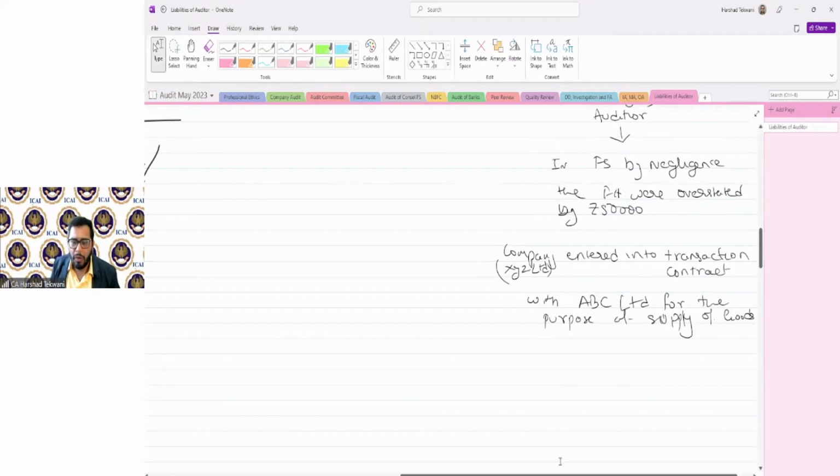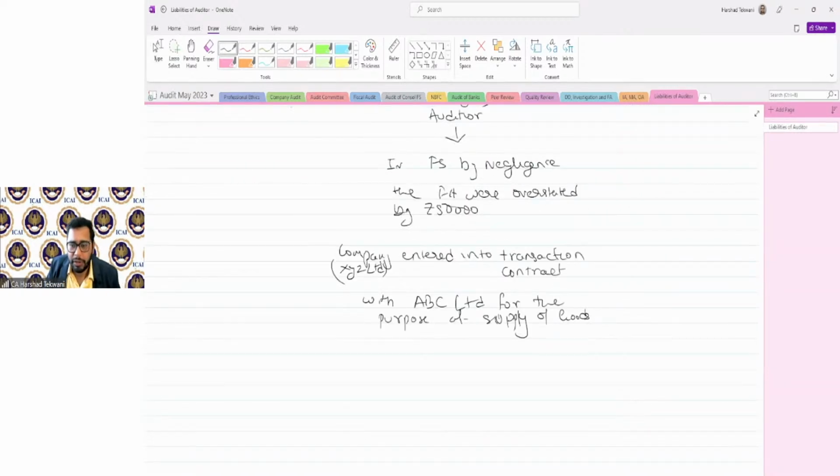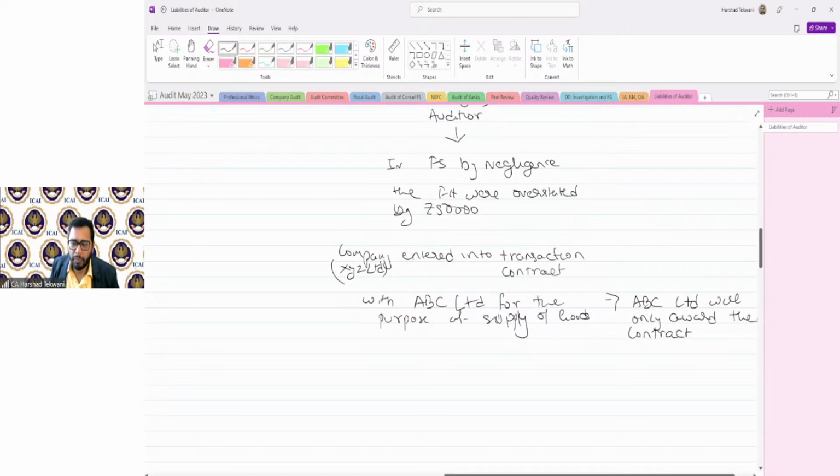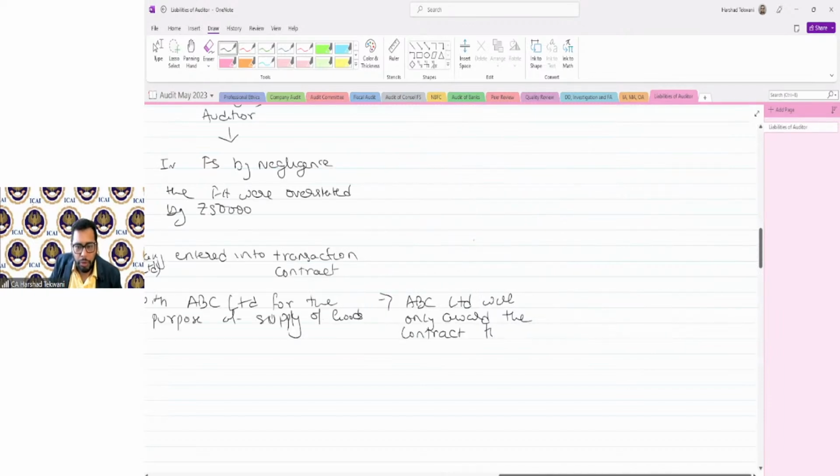Now there was a condition that ABC Limited will only award the contract to companies who had past experience in such type of requirement.